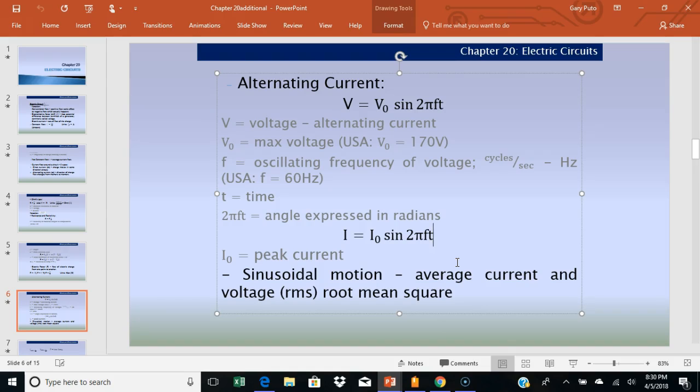Now, when you're talking about alternating current, it's a sinusoidal motion. Remember, I said the average current. How do you display average current? It's displayed as what's called root mean square. RMS is basically the average current, average voltage.